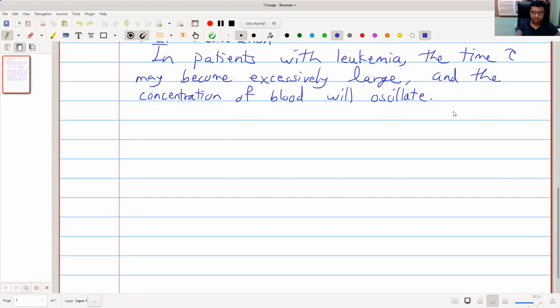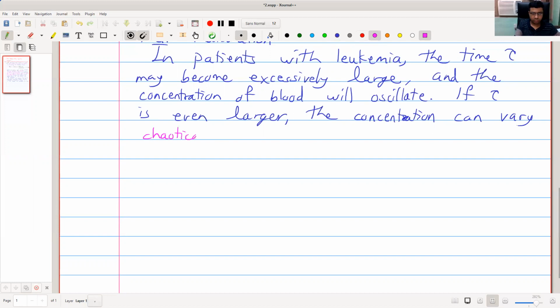If tau is even larger, the concentration can vary chaotically. Okay, let us move to the stability result.